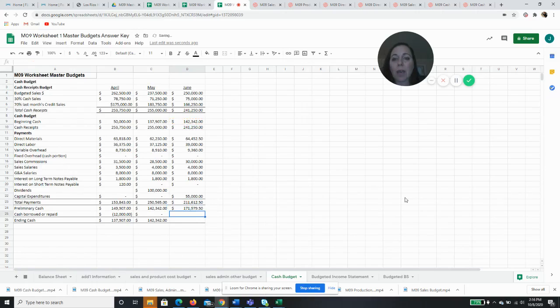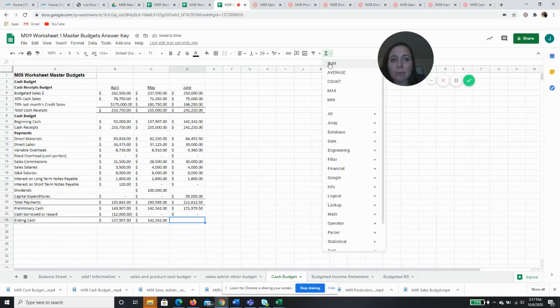That's going to give us a preliminary cash balance of $171,979.50. That is well over our minimum balance of $50,000, so we do not need to borrow any money, which is cool.